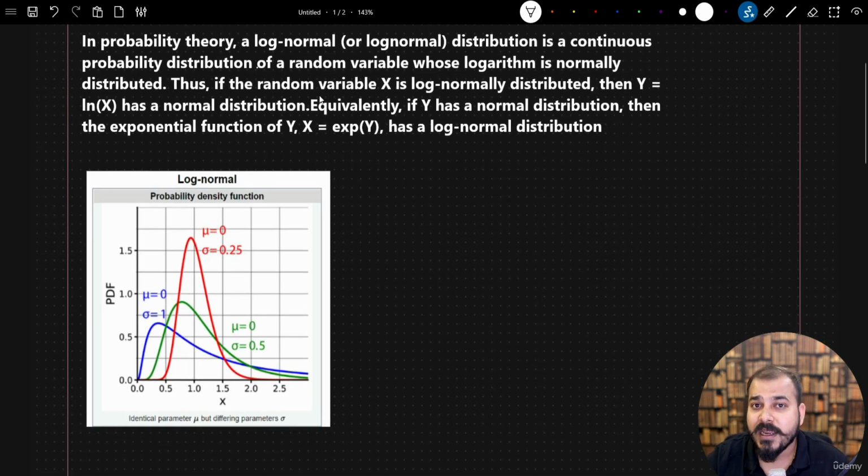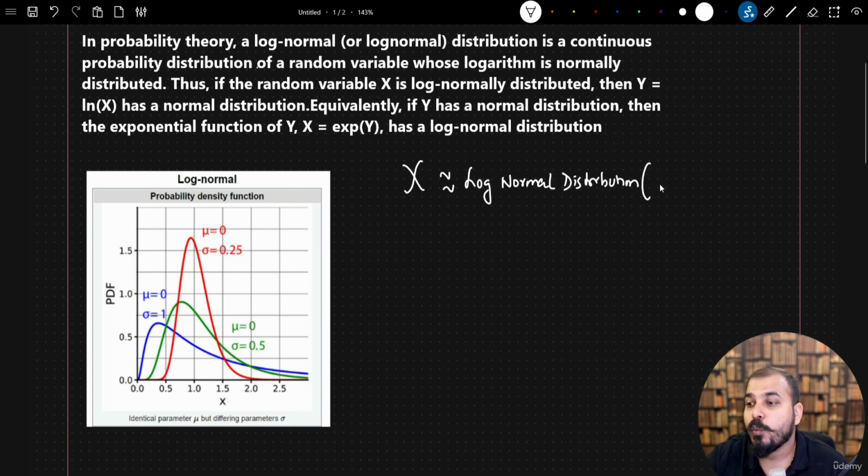Over here, it says that x, which is a random variable, will belong to a log normal distribution. So here, I'll write it as log normal distribution with some mean and standard deviation. Now let's consider x is a random variable that belongs to a log normal distribution.